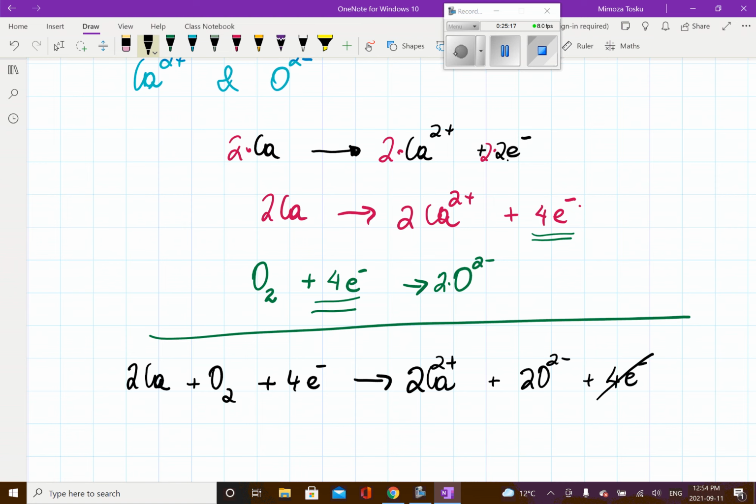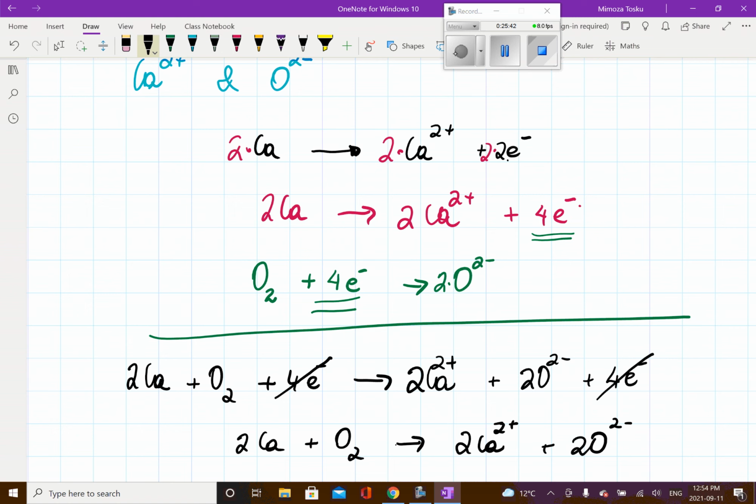Since we have 4 electrons on both sides, the net reaction is 2 calcium plus oxygen gives 2 calcium 2 plus and 2 oxygen 2 minus.